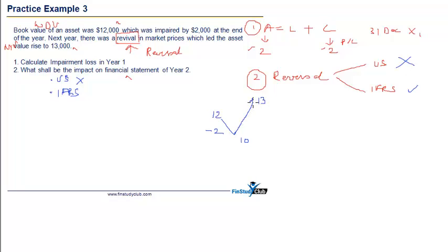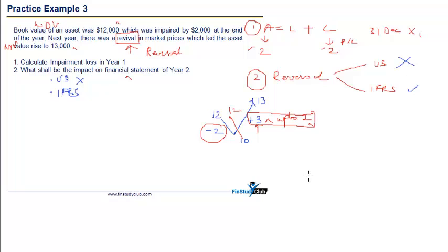So actually I want to raise it up by 3, but what is the maximum potential available for reversal? Remember, under IFRS we said you can reverse the impairment only up to the amount written down earlier. So you want to increase 3, limited by the potential of 2. So your 10 will again become equal to 12.